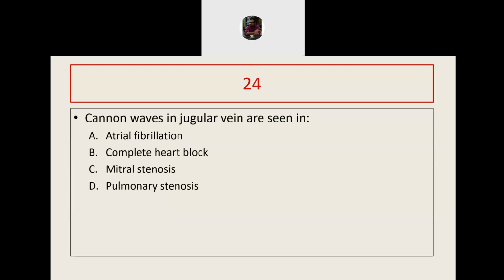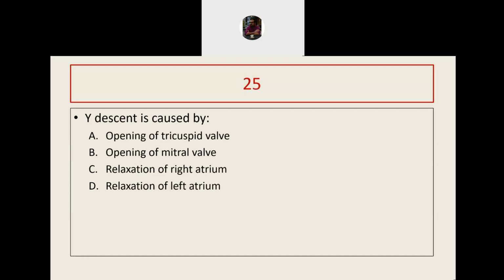Cannon waves in jugular vein are seen in. And the last question. Y descent is caused by.